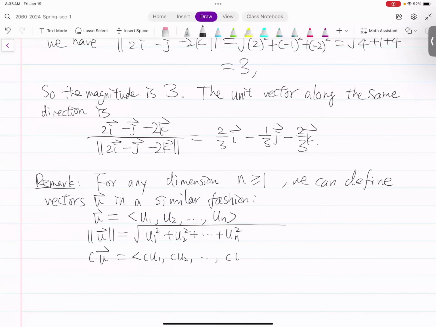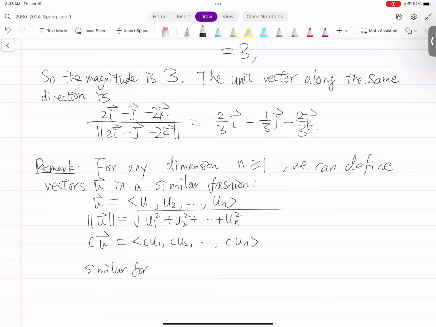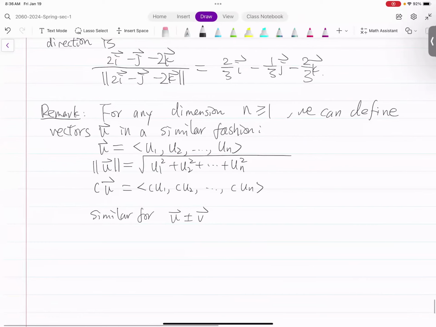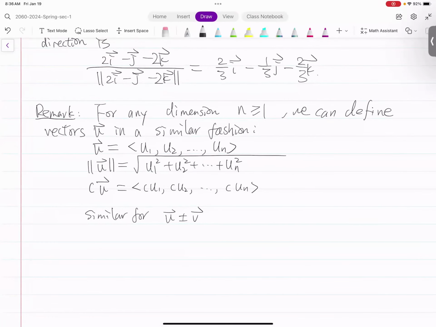So that's really standard, right? And similarly, for the sum and difference of vectors, you can also do it component-wise. So u plus v is component-wise addition between the vectors, and the difference is also component-wise. But the geometric perspective is also the same.